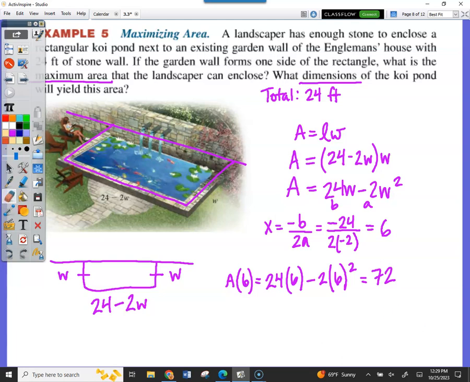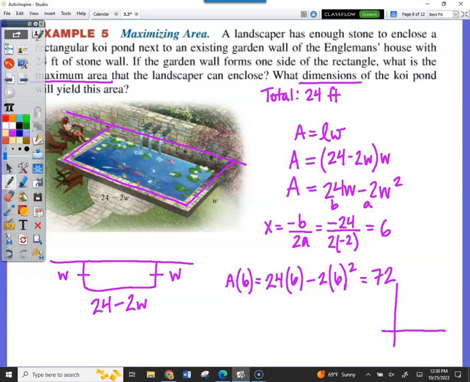Now, here's where you've got to know what you're reading. Here's where it drives me crazy: when people can do the math, they cannot tell you, for the love of anything, what the numbers mean. It is the vertex. You need to understand what the graph would look like. We're talking about the width of something and then the area of the pond.